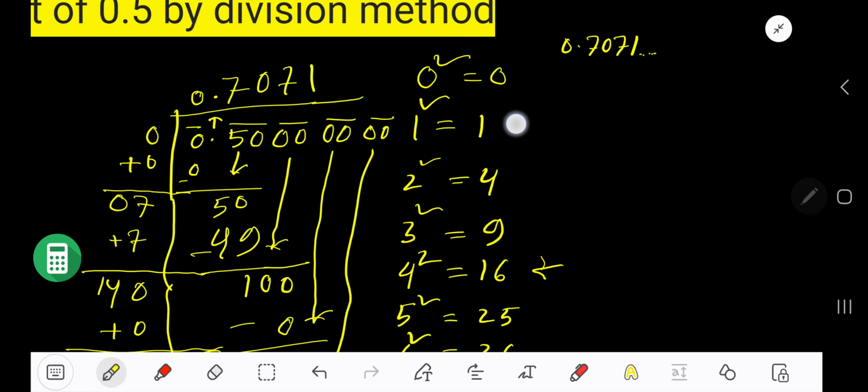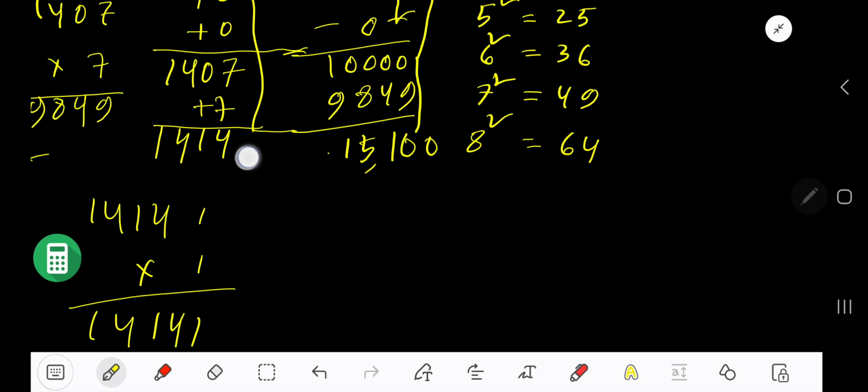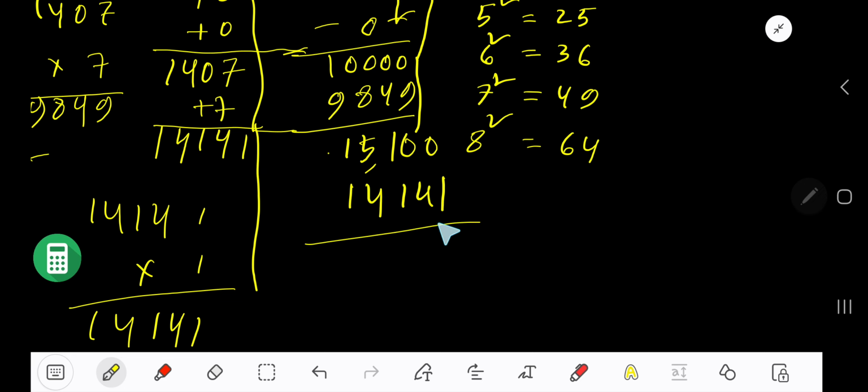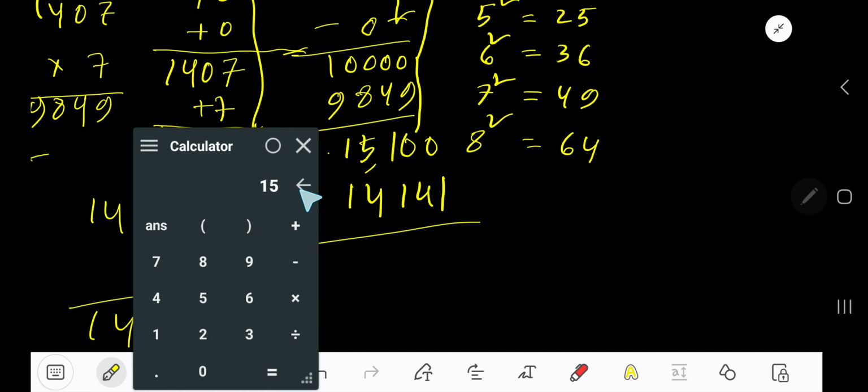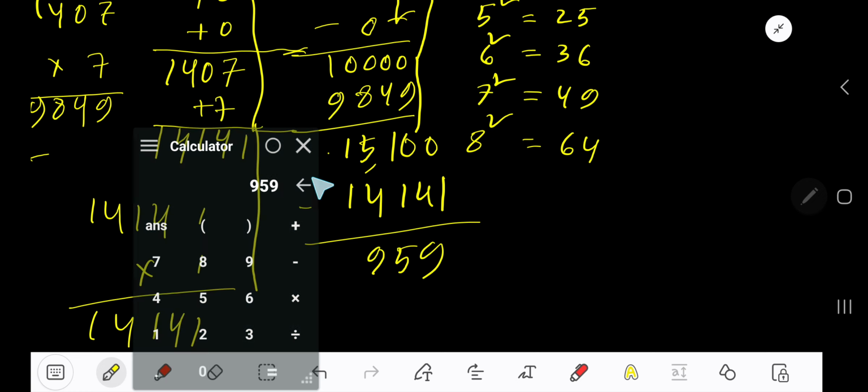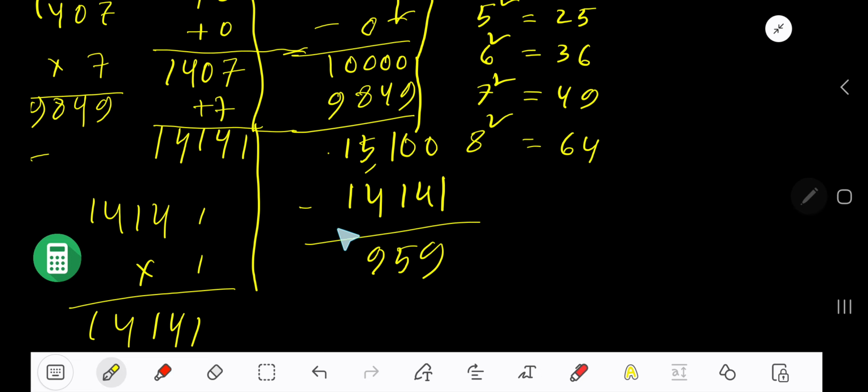So write 1 here, then take 1 here. So 4, 1. Let us subtract. 15,100 minus 14,141, which is 959. Look, this number is less than this, so our assumption is correct.